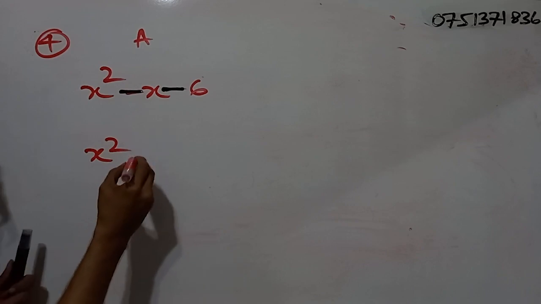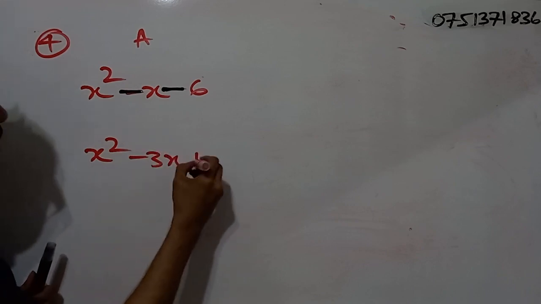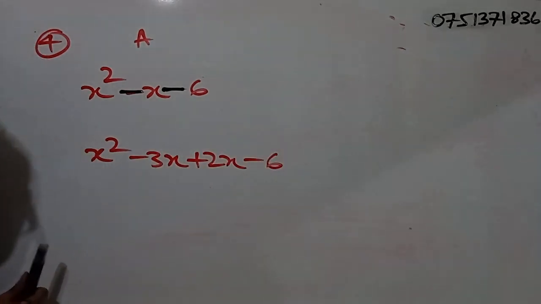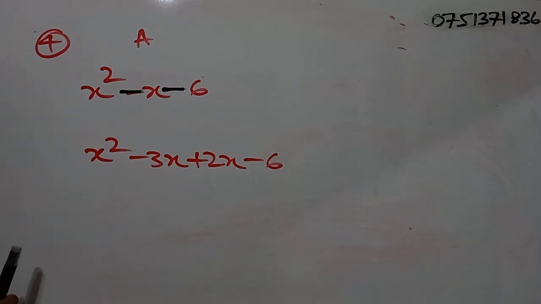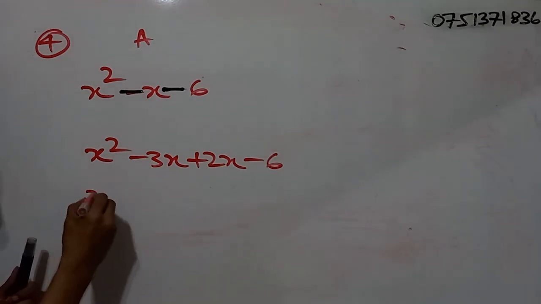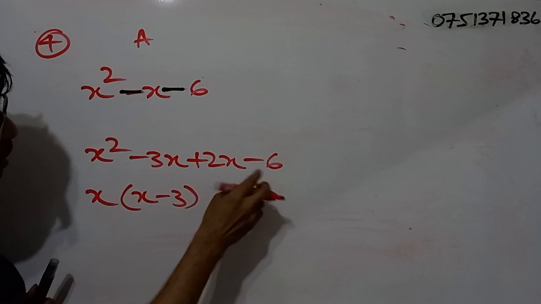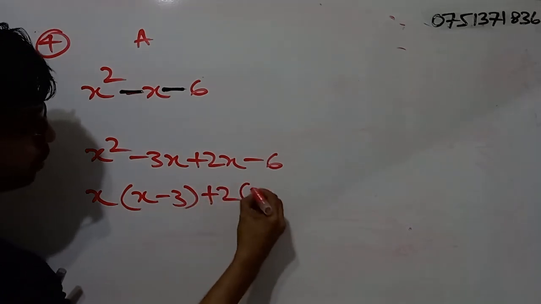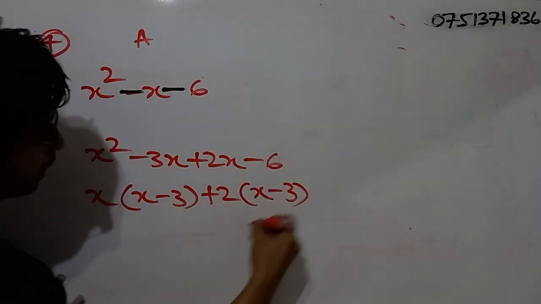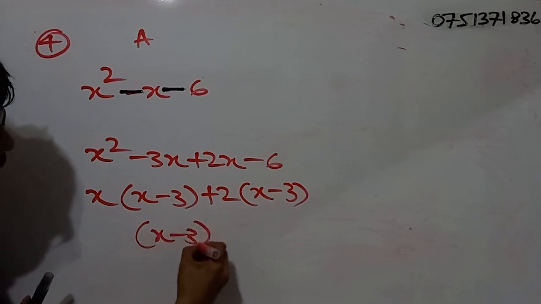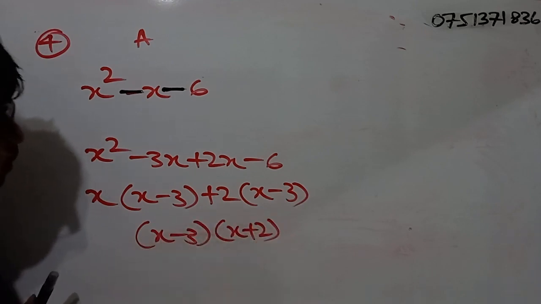X squared minus 3x plus 2x minus, sorry, minus 6. So when we consider these two, the common factor is x. So x minus 3. When we consider these two, common factor is 2. So x minus 3. So x minus 3, x plus 2.